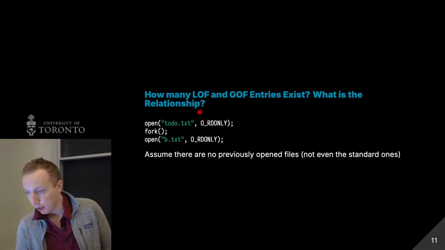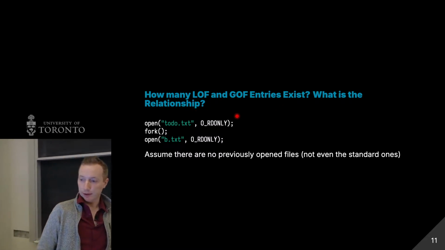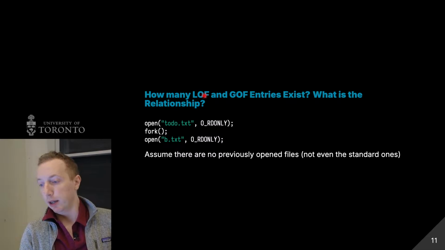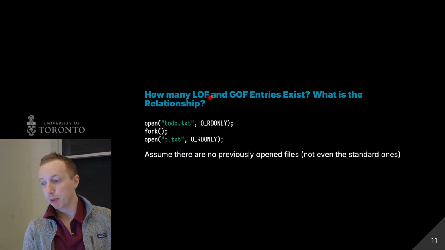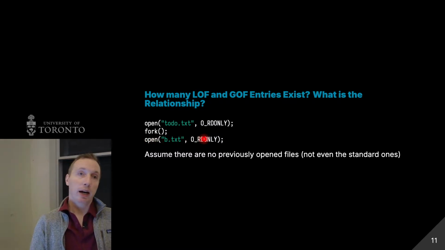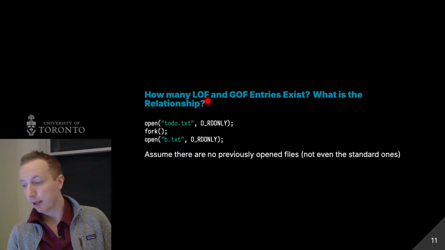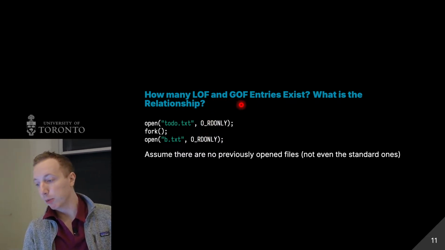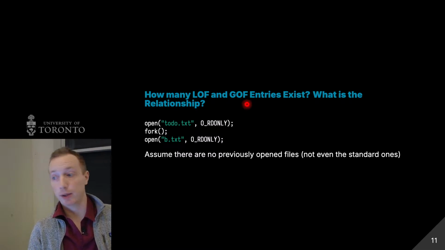So if we have some code like this, let's assume we have a single process running. It does an open to todo.txt, and then we fork, so now we have two processes. Then we do an open to file B, opening it as read only. How many local open file table entries are there, and how many global open file table entries are there?